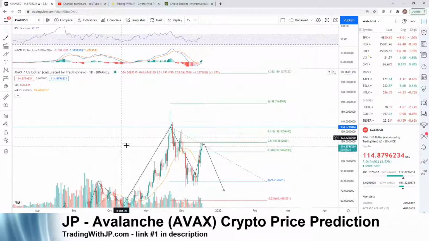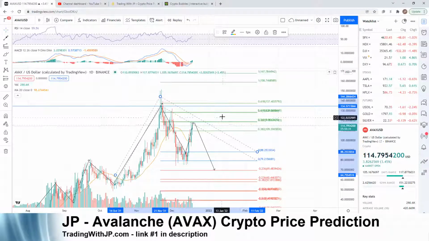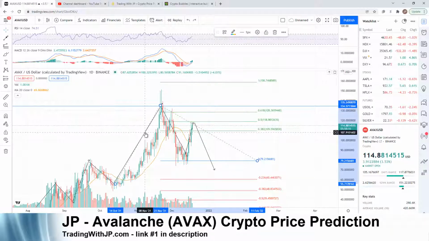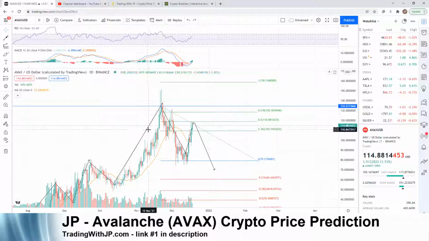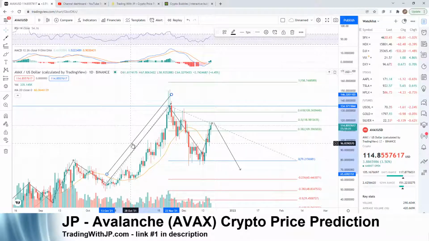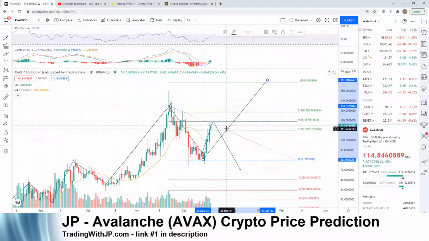So pretty much, if we were to take this line right here and duplicate it, I need the line. There we go. And if we take this, where the price is running from that low, you can see this is where you're getting 100%.